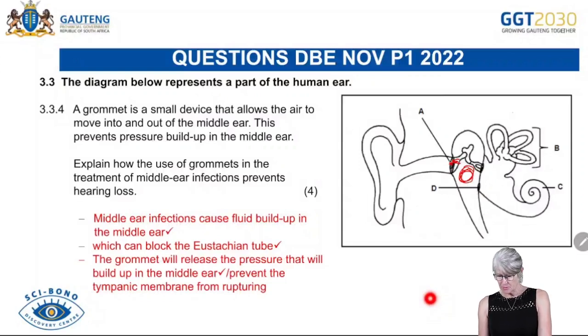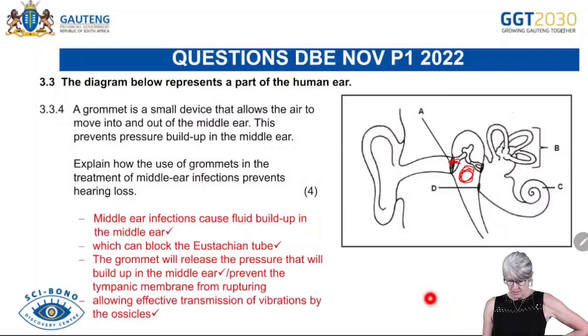So when I put in that little grommet, it's like a little tube, and it allows the pressure from the middle ear to be released, and that then prevents the tympanic membrane from rupturing, and then doesn't affect hearing. All right.